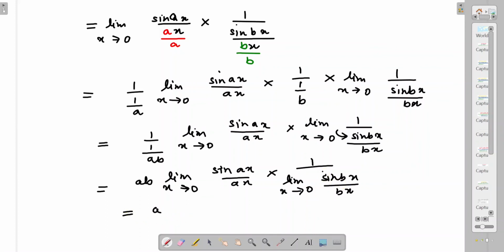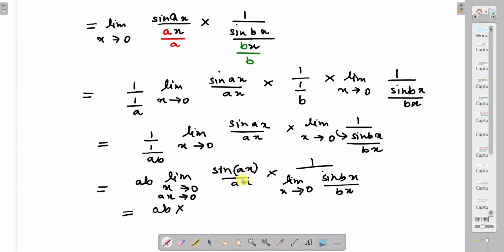So this is equal to ab multiplied by, now again you don't need to write ax equal to y and then limit y tends to 0, sine y by y. You have to understand that if x tends to 0, that means ax will also tend to 0, and then we can use the formula directly. But what is the main thing?